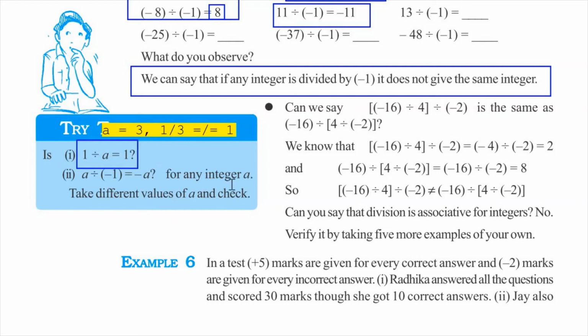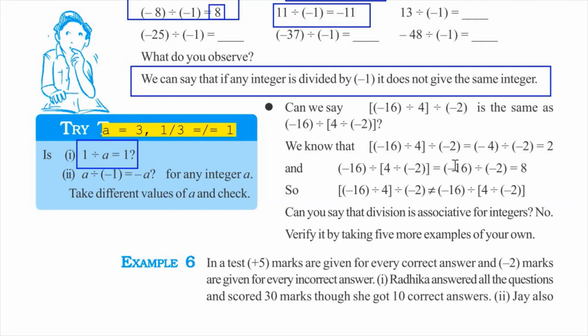Move on, and here we have an example that is going to say that division is not associative for integers. Minus 16 divided by 4, the whole thing divided by minus 2. Do you think this is equal to minus 16 divided by the quantity 4 divided by minus 2?